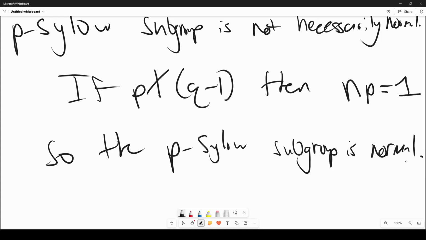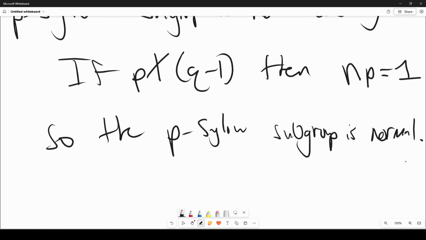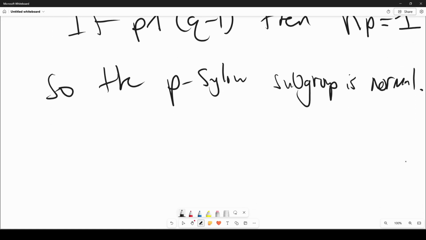So in the general case, we can make these interesting claims where we have criteria such as P dividing Q minus 1, which tells us even more about the normal subgroups in G, where G equals P times Q.